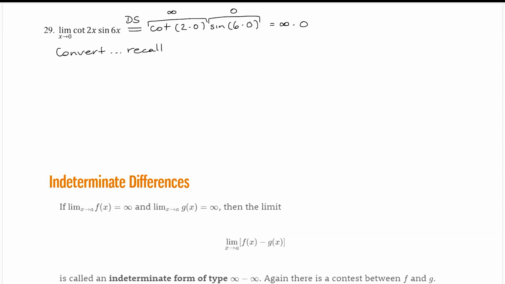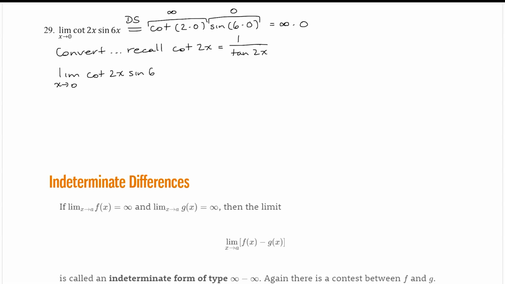So our next step is to convert this product to a quotient. The cotangent of 2x is equivalent to 1 over the tangent of 2x.